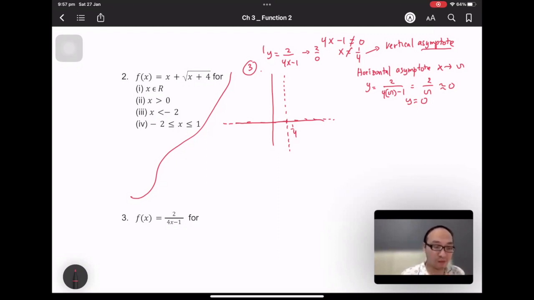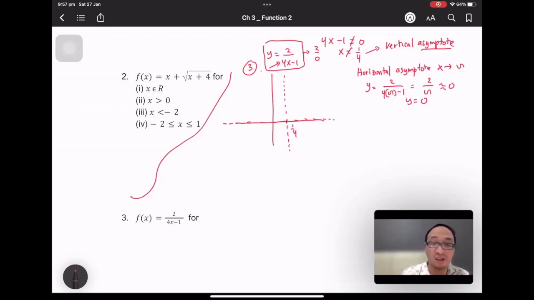If we go back to the equation, when x is increasing, the denominator will increase.